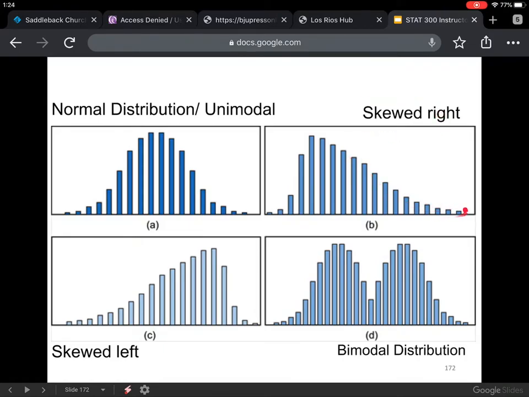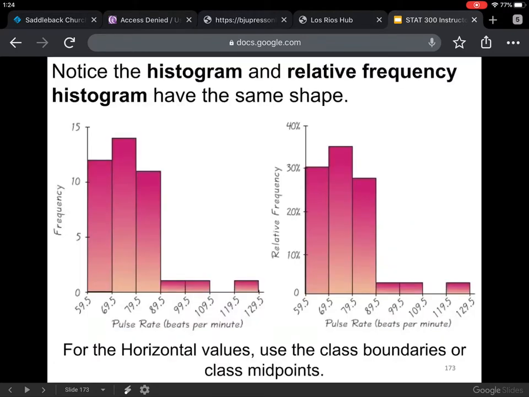The long tail's on the right. If the long tail's on the left, it is a skewed left distribution. And then we have a bimodal distribution, where there are two modes, most frequently occurring values. And that's what it looks like. So this is something to remember, and now vocab to build to be able to refer to skewed right, skewed left, or normal distributions.